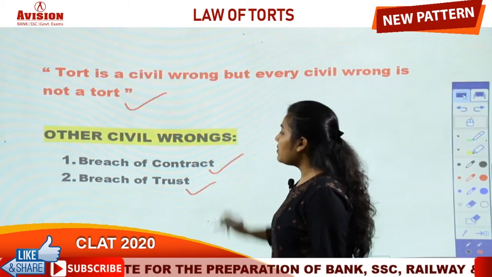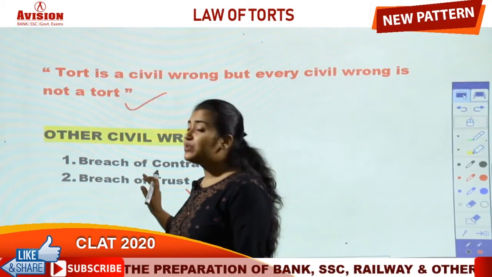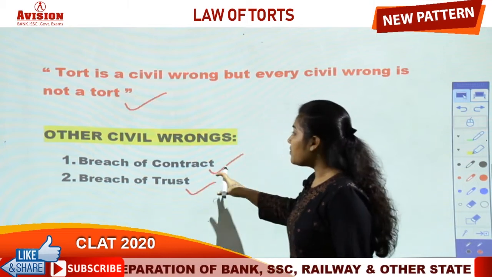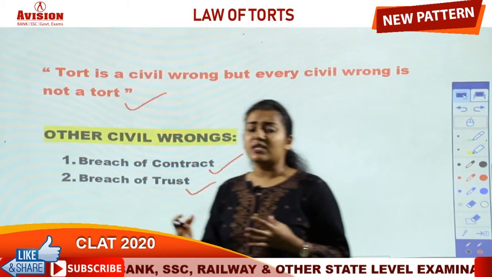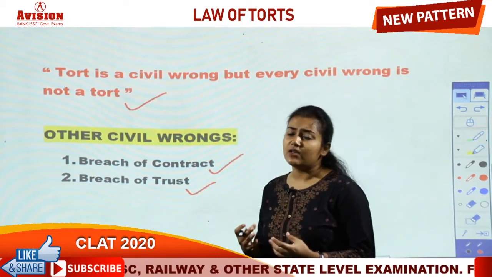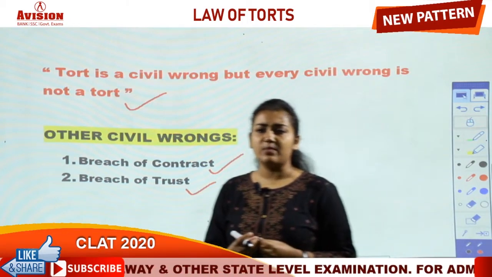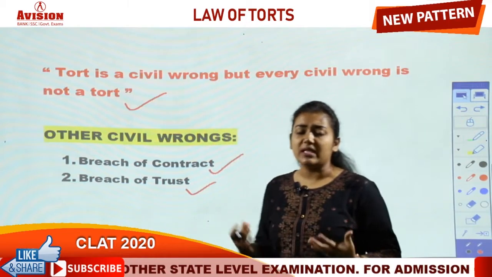The other civil wrongs which are not a tort are, for example, breach of contract and breach of trust. So, what is a breach of contract? Just suppose some parties have signed a contract among themselves.